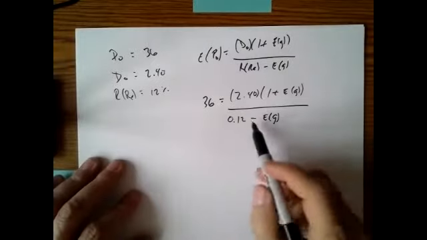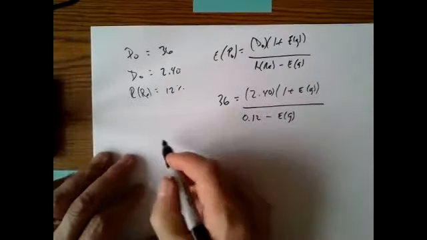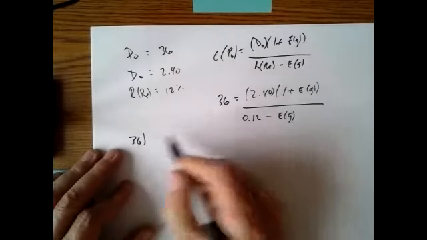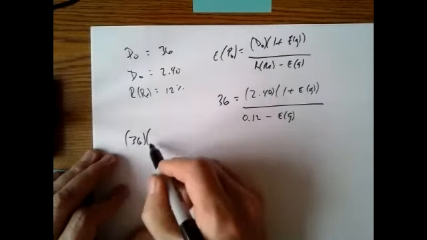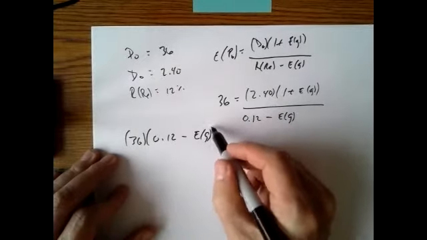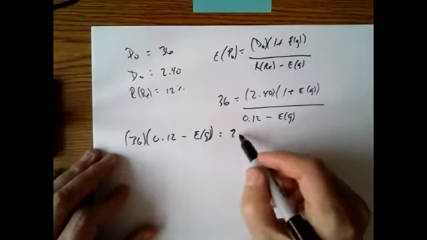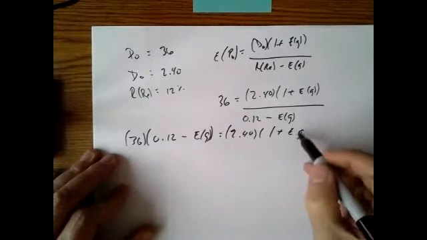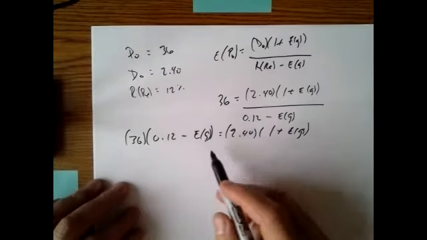We've got this denominator down here, let's push that over here. So I'm going to move over here for a little more space. So I've got 36 times this denominator, 0.12 minus EG, is equal to 2.40 times 1 plus EG. And I'm just going to distribute here.